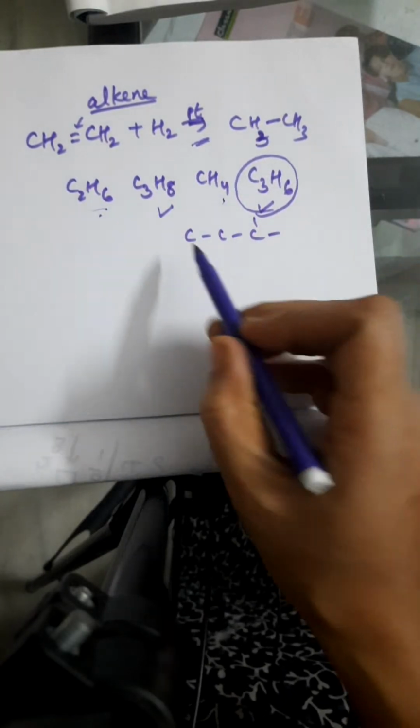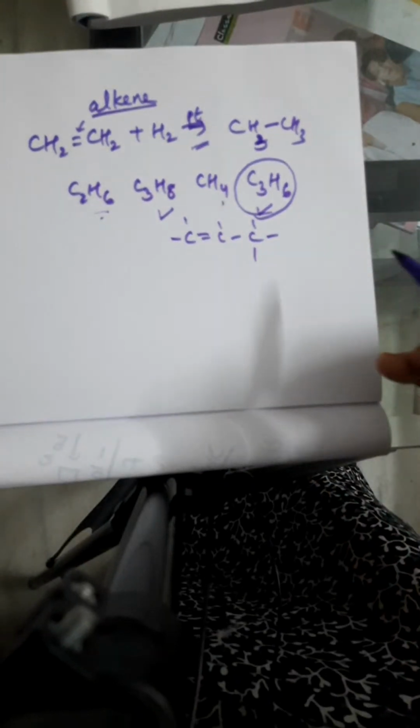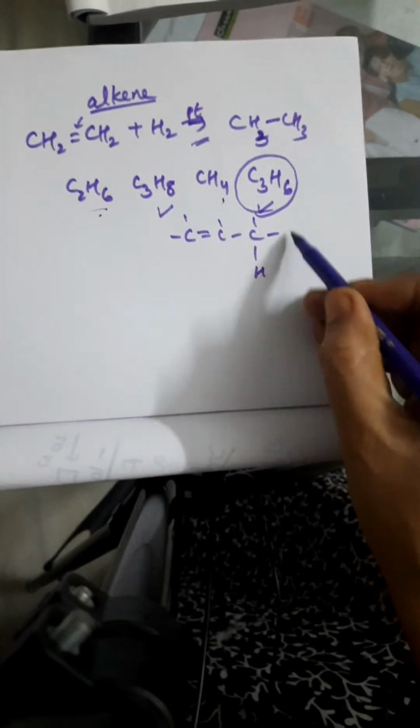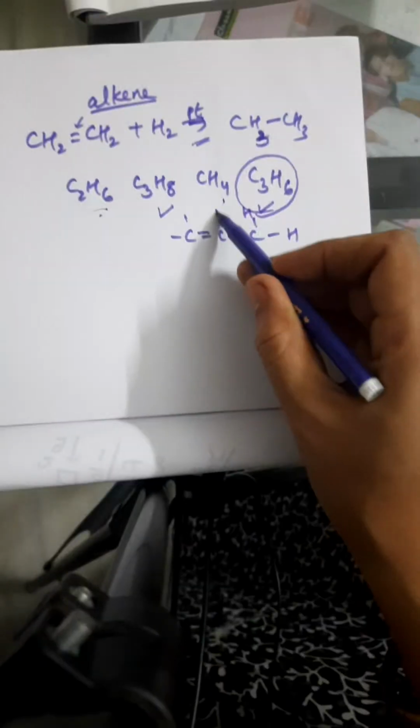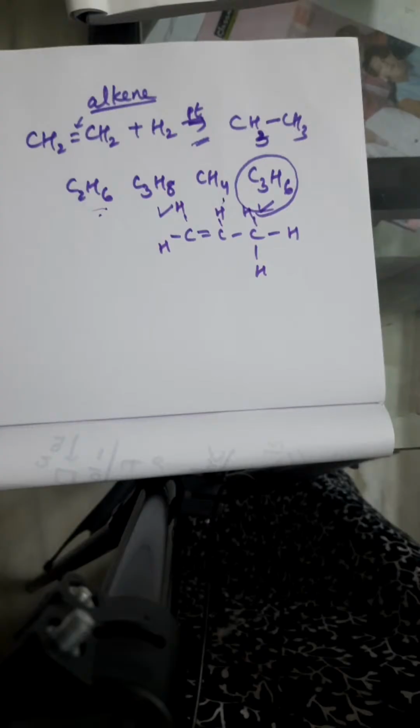So here 2, 2, and if I use one double bond over here, one more. Total 6 hydrogens: 1, 2, 3, 4, 5 and 6. Is it clear?